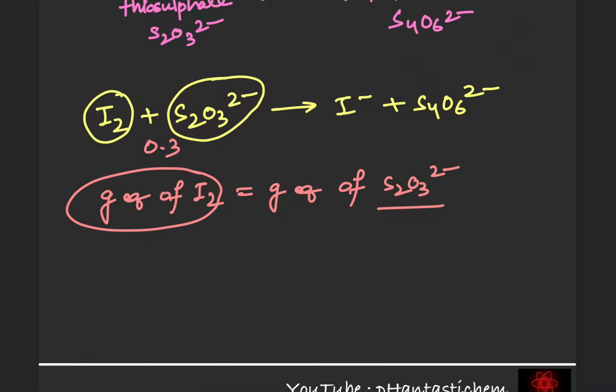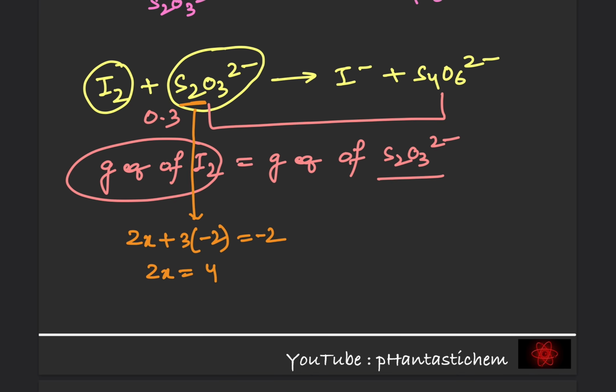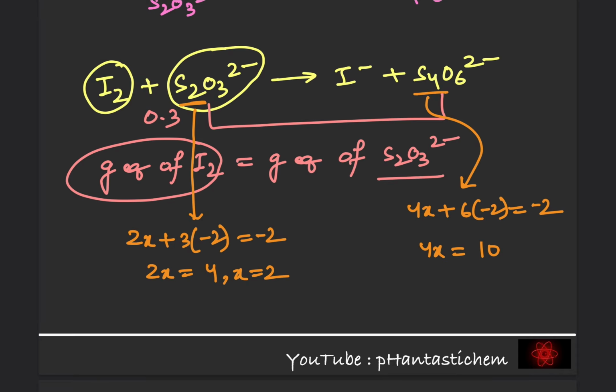It is changing to S4O6 2 minus. So let's calculate the oxidation state of sulfur. Here, 2x plus 3 into minus 2 is equal to minus 2, so 2x will be equal to 4 and x will be equal to 2. Here, 4x plus 6 into minus 2 is equal to minus 2, so 4x will be equal to 10 and x will be equal to 10 by 4, which is 2.5.